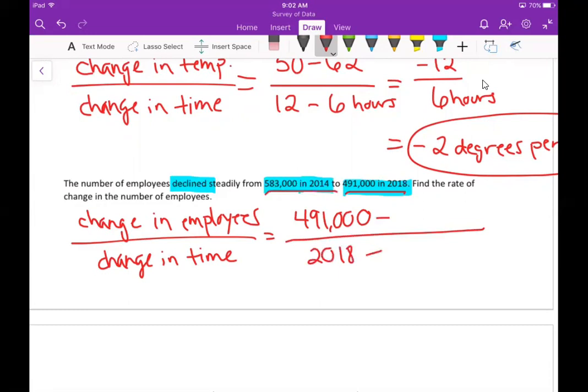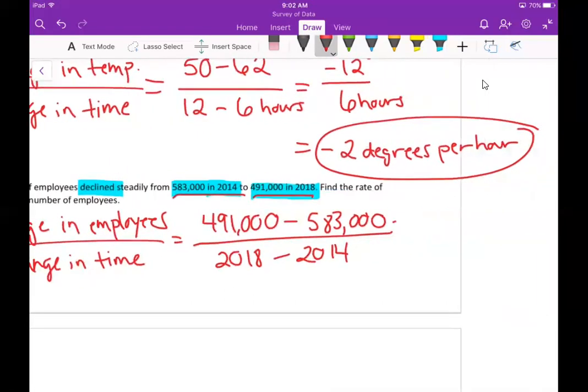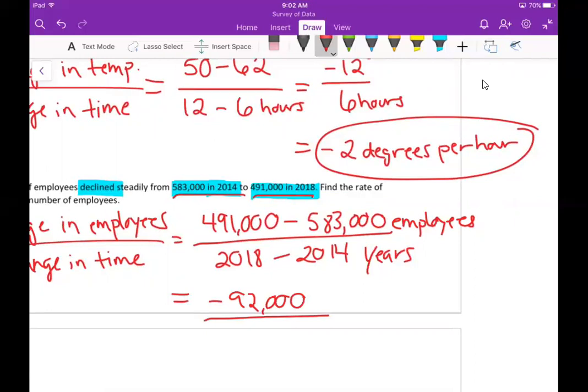The initial was 583,000 employees in the initial year of 2014. So notice your units here are going to be employees, and this time our time is in years. We're going to see that decline now, getting that negative number in our numerator. If you take 491,000 minus 583,000, you will get negative 92,000 divided by 4, 2018 minus 2014, 4 years have passed.